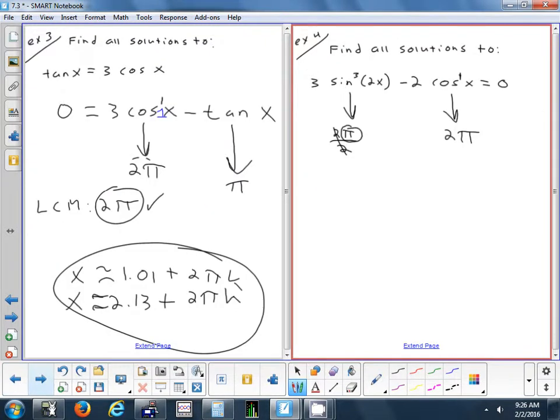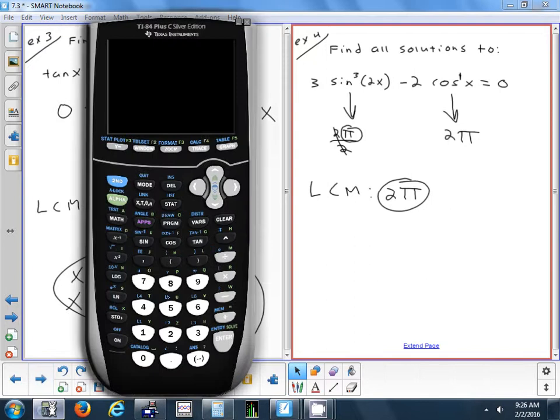Any questions on getting my individual periods? Now, what's the smallest multiple that pi and 2 pi have in common? 2 pi. So that tells me what to add on the end of each answer, and it tells me what to set my window at.